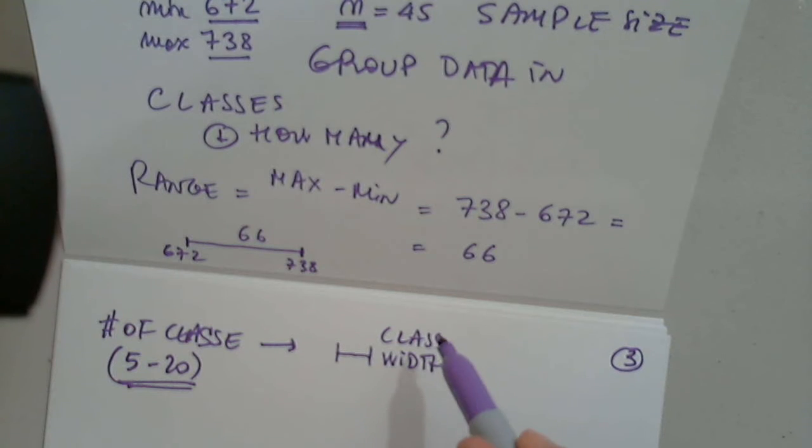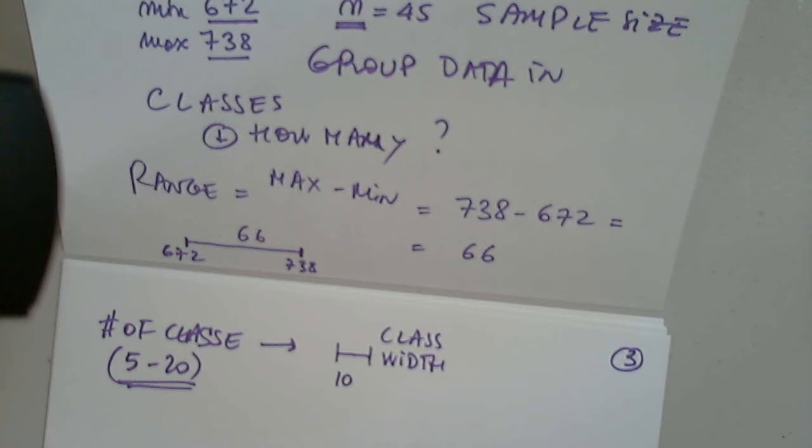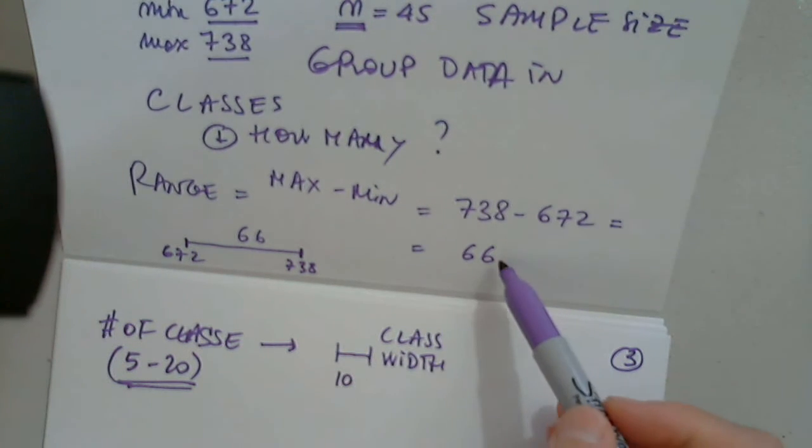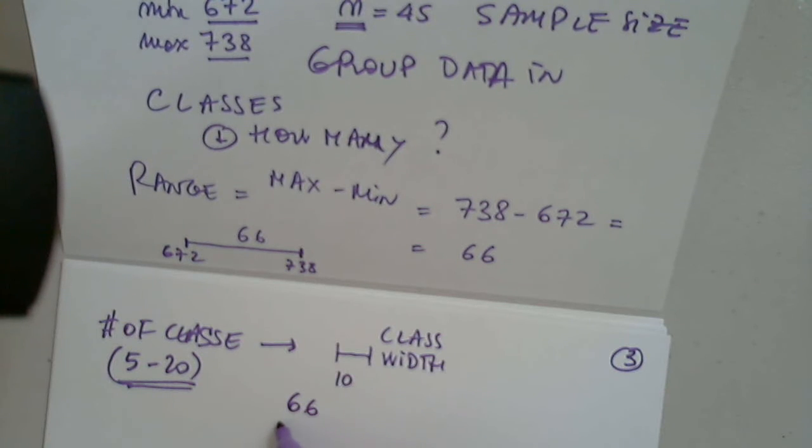But I would like to think of the class width. If I consider a class width of 10, then I take the range divided by the class width, so I will have approximately 7 classes.